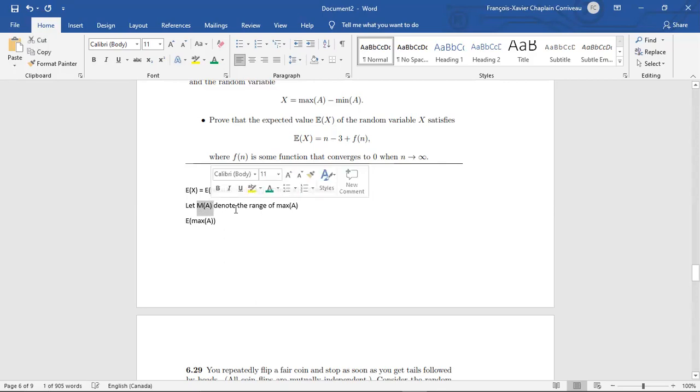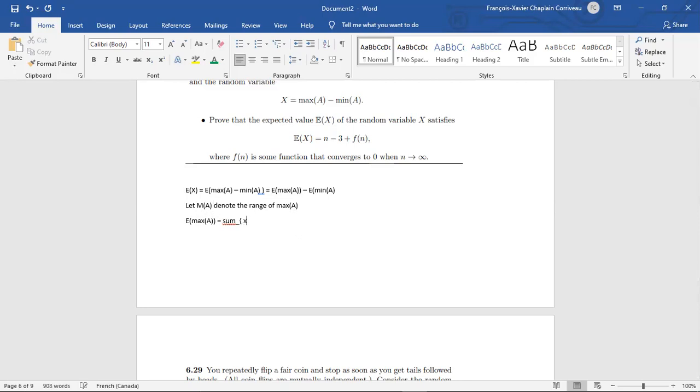So MA denotes the range of the maximum. By definition of expected value, I'm summing, and I look at all possible values in my range.